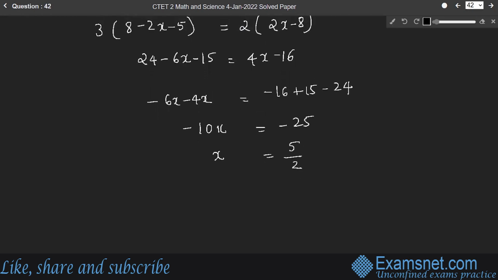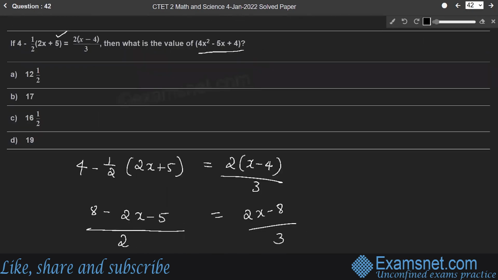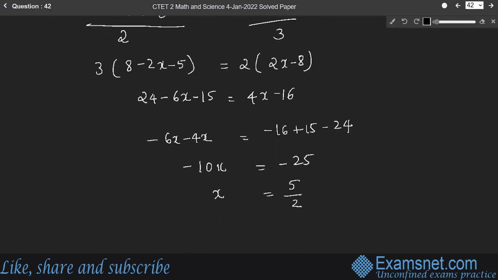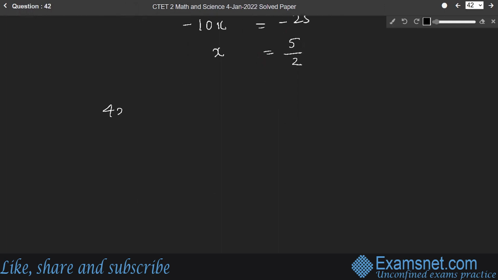Substitute the value of x in 4x square minus 5x plus 4. 4x square minus 5x plus 4 is equal to 4 into (5 by 2) whole square minus 5 into 5 by 2 plus 4.